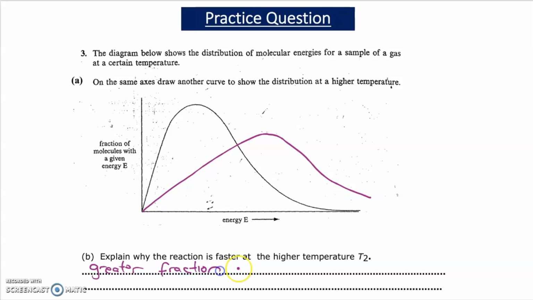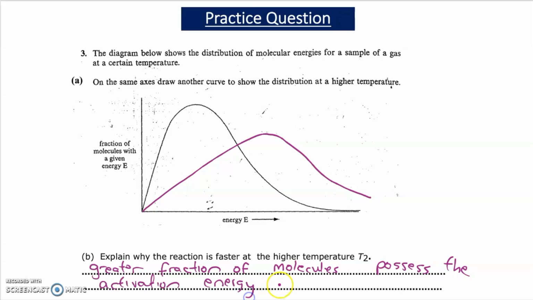You've got to remember that the distribution flattens at a higher temperature, because the average molecular energy increases. When you sketch the graph, make sure the peak is to the right of the first peak and is lower.